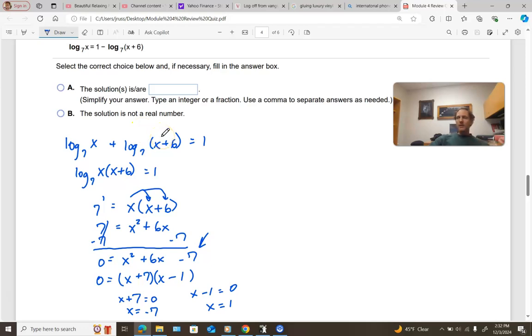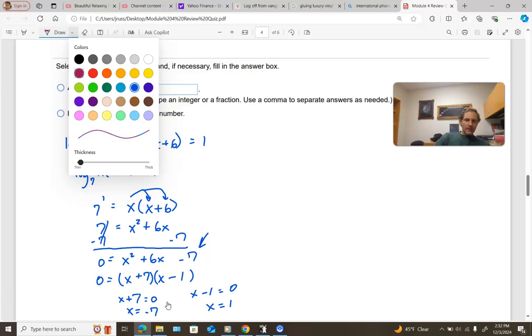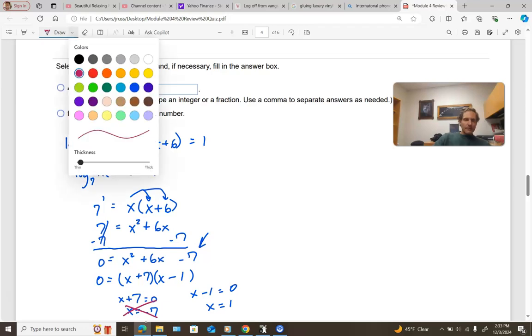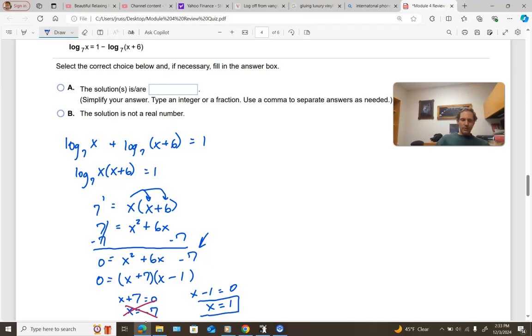And we know that for any logarithmic function, unless it's been shifted horizontally, there are no negatives in its domain. So for that reason, I'm going to have to throw away the negative 7, which means the only solution to this one is 1.